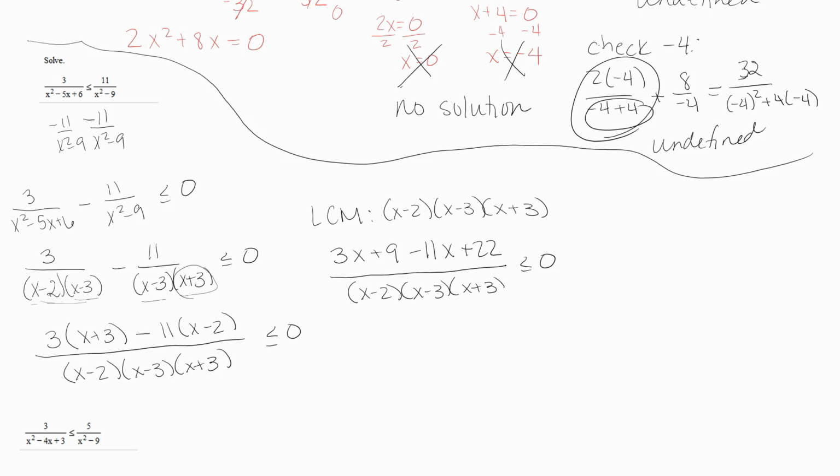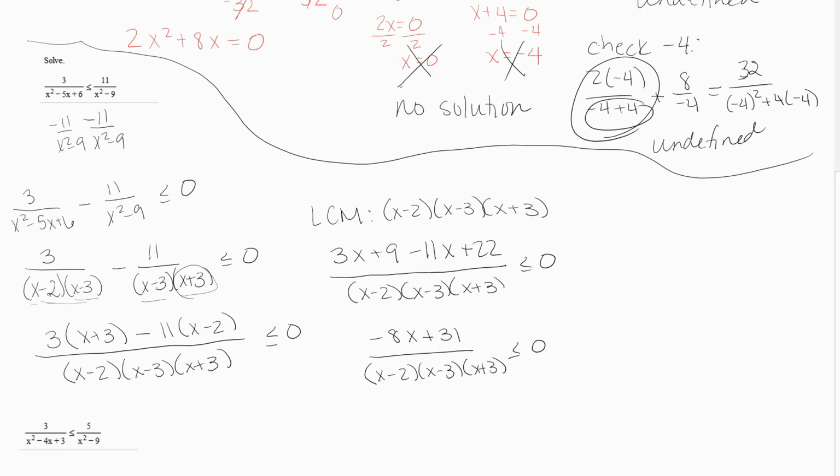So combining the like terms, we get negative 8x plus 31 all over x minus 2, x minus 3, x plus 3, less than or equal to 0.